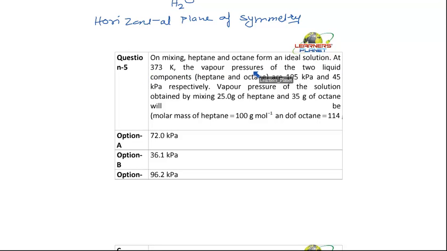At 373 Kelvin, the vapor pressures of the two liquid components are 105 kilopascals and 45 kilopascals respectively. The vapor pressure of the solution obtained by mixing 25 grams of heptane and 35 grams of octane would be?